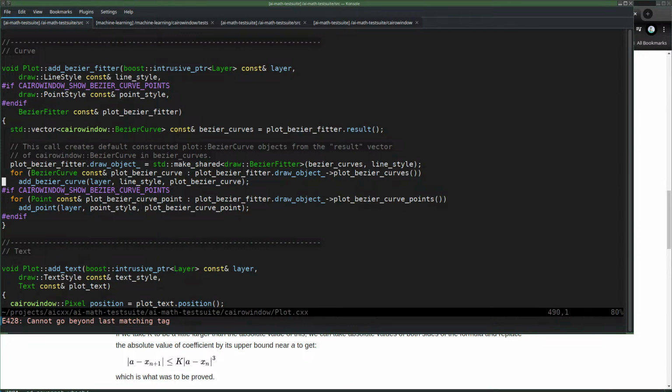And then those are added. I could already do that here: if the Bezier curve contains not a number of thingies.